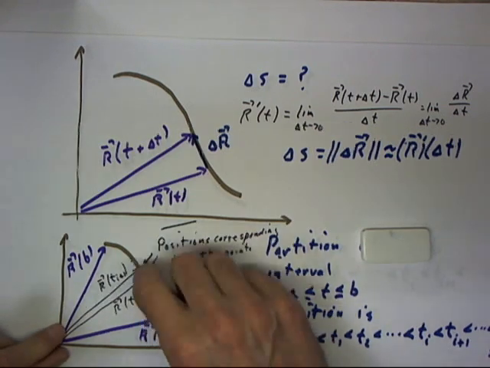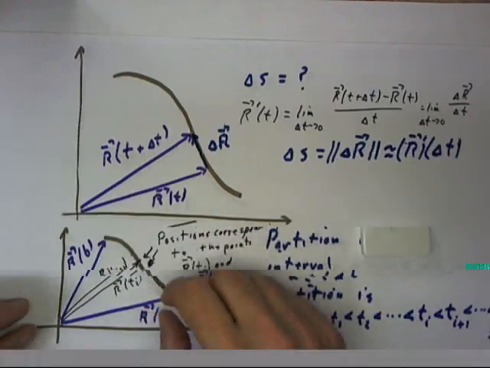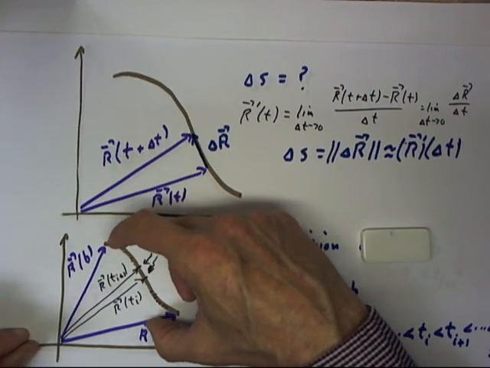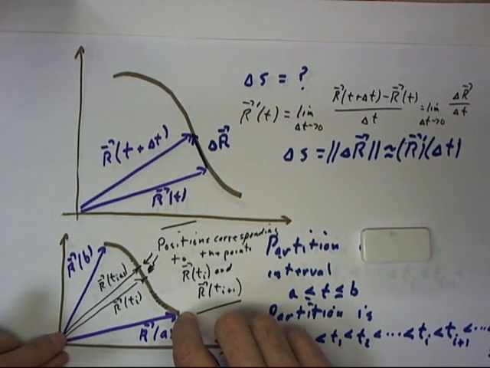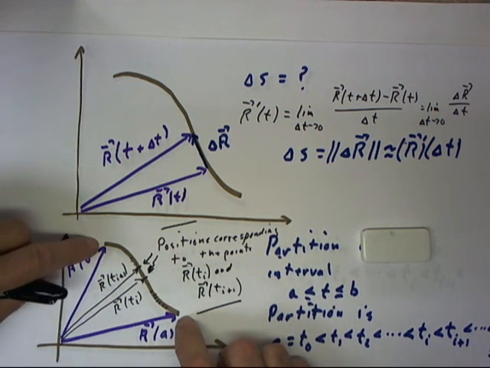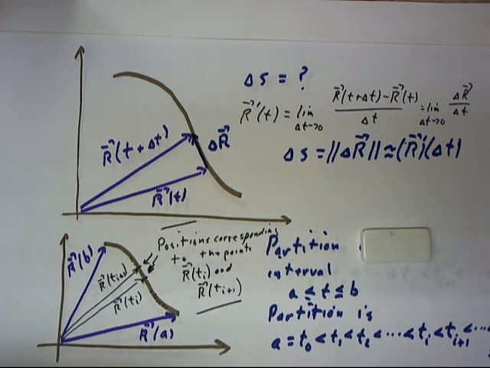We'll have a number of such intervals, and that number of intervals is going to increase. The widths of the intervals is going to decrease, and in the limit we're going to sum up all the distances over all these intervals to get the total distance from r of a to r of b, and that limit is going to approach an integral, and we'll see what that integral is.